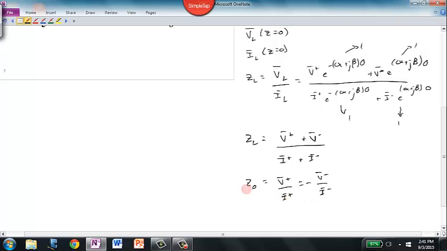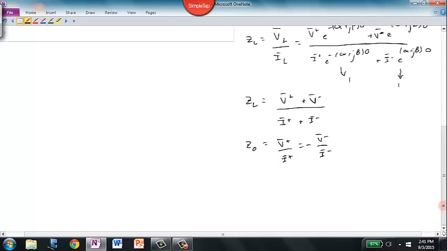And so I can solve both of these equations for the current, and that gives me I bar plus is equal to V bar plus over Z0, and the reverse current I bar minus is equal to minus V bar minus over Z0.